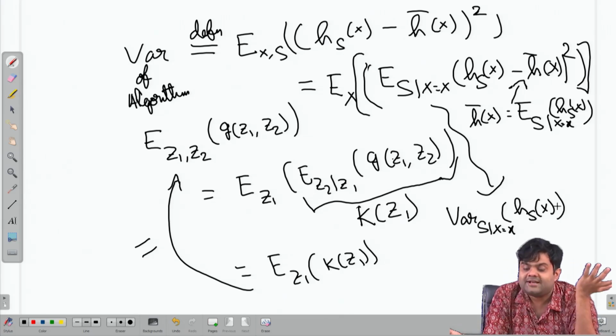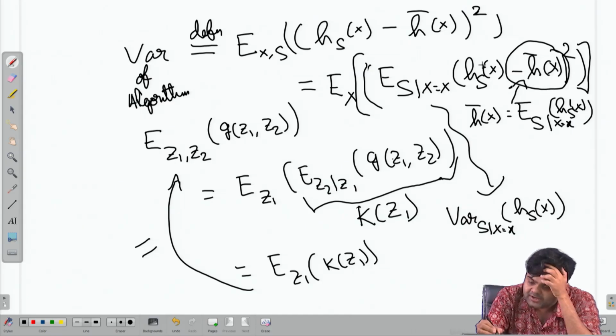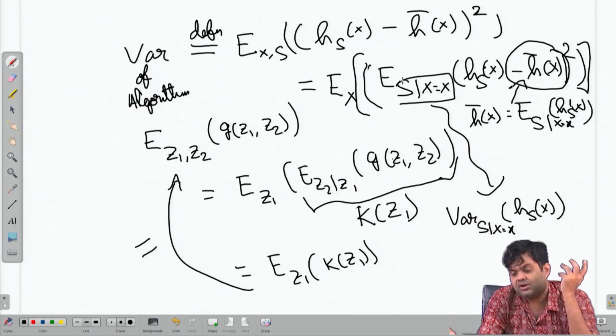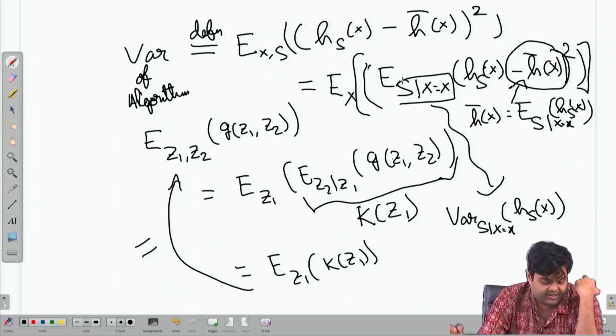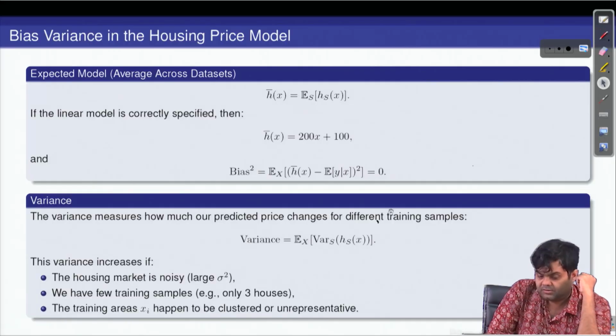Why? After all, variance is just the expected value of the random variable minus its expected value squared, and this is the expected value of this random variable with respect to this distribution. So, this is how you get the variance. This is how the variance of the model simply becomes this variance.